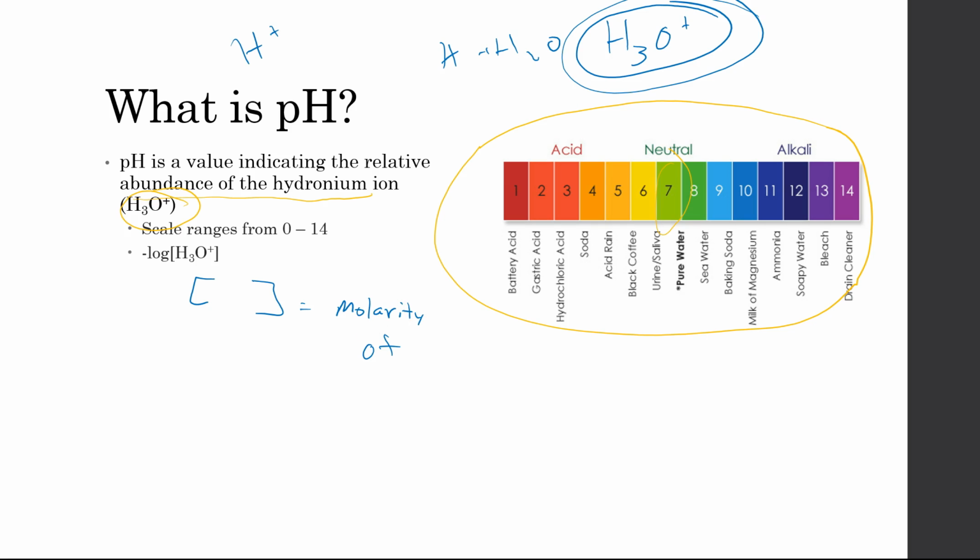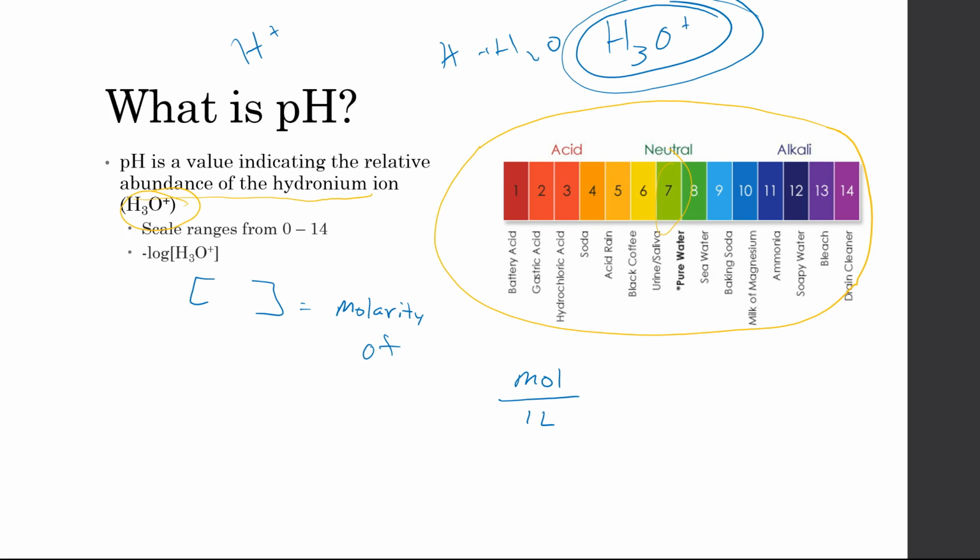So when I say molarity, I'm talking about the number of moles per 1 liter of solution. Right? So if I make 1 liter of hydrochloric acid, the number of moles of hydrogen chloride in that hydrochloric acid would be my molarity. Okay? And it's pretty much that simple.